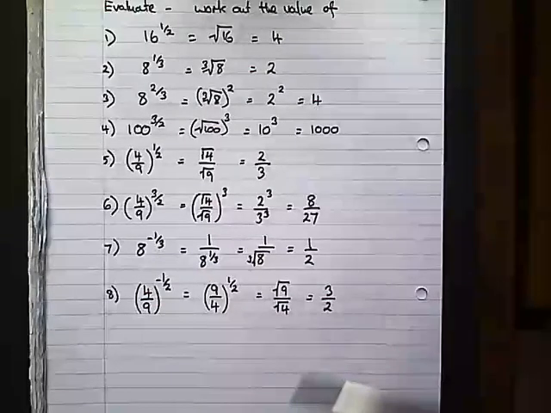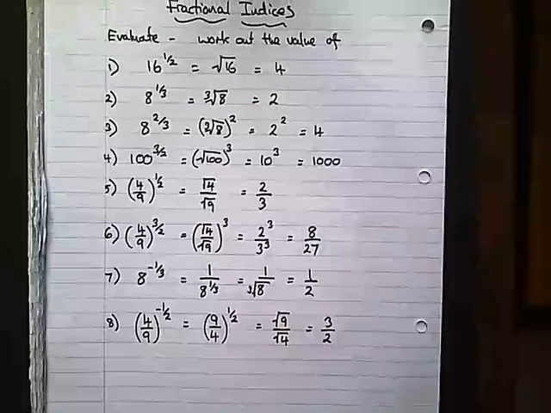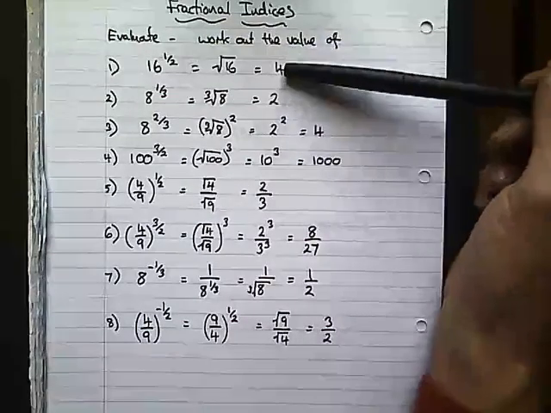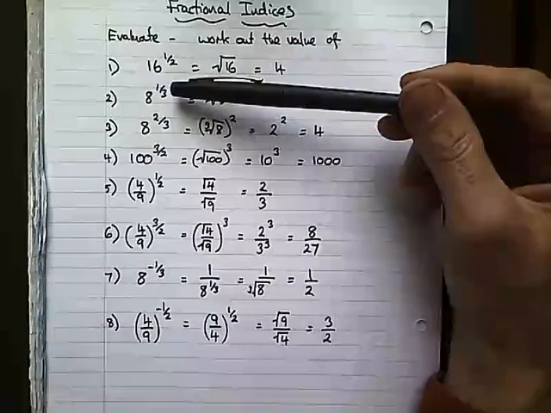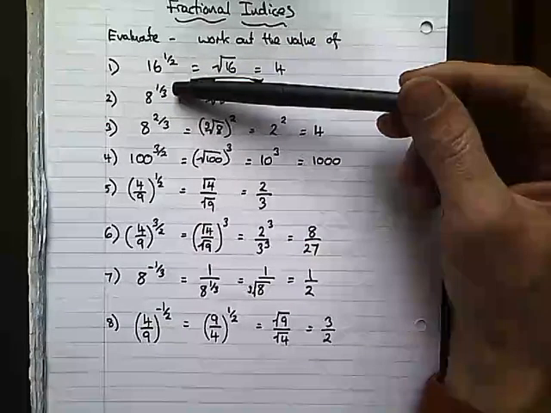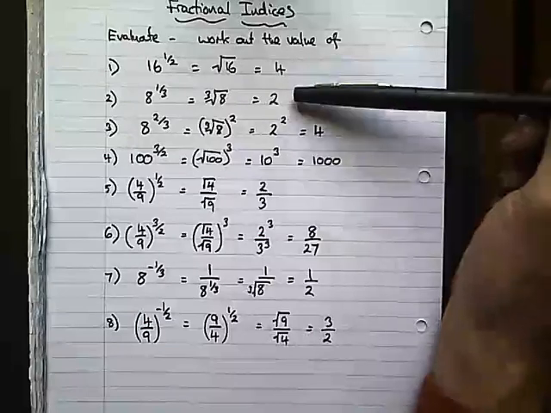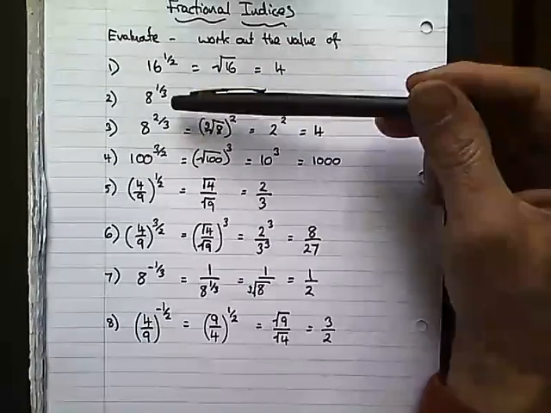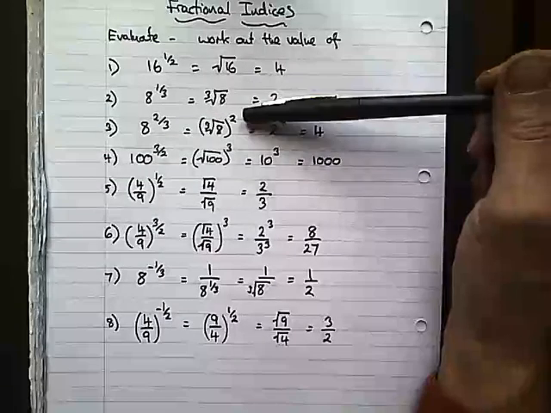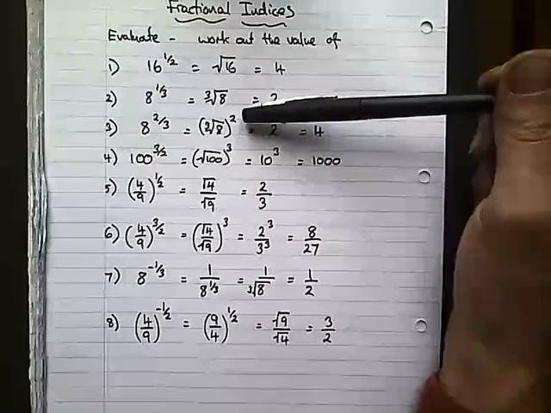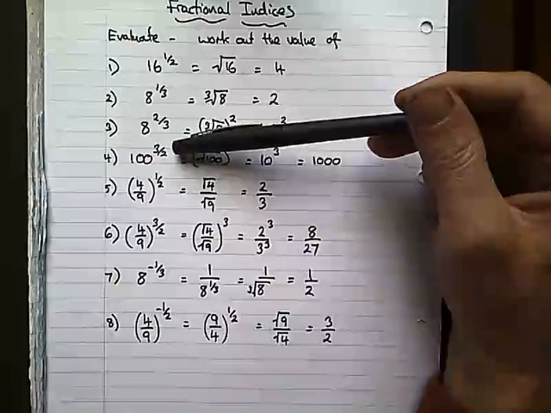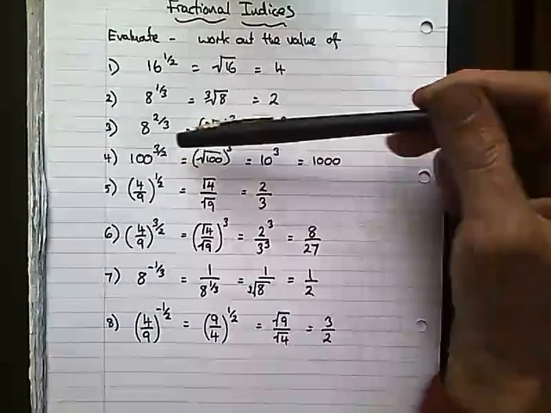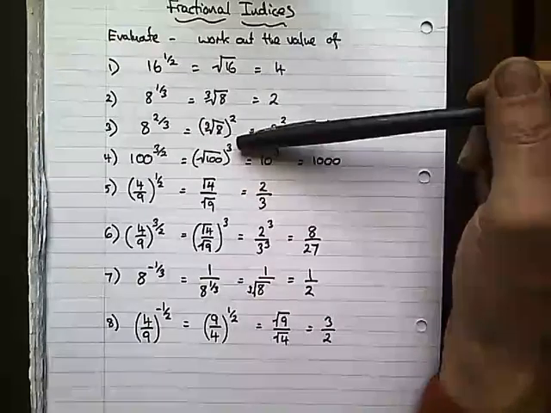So let's have a look at what we've done here. We've done a fractional index where it's a half, that's a square root. Another fractional index where it's a third, that's the cube root. 2/3 means you take the cube root, but because there's a 2 on the top, you need to square the answer. 3 over 2 as a fractional index, that's the square root because there's a 2 on the bottom, and because there's a 3 on the top, you need to cube the answer.